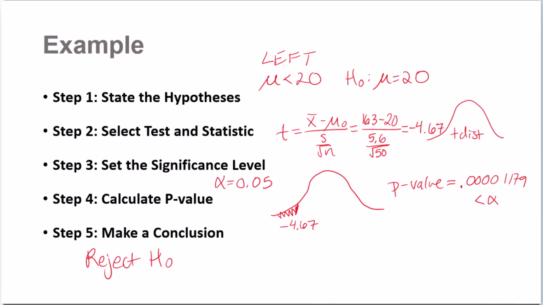It doesn't seem like the population mean is 20. It seems like the population mean is likely less than that, because our sample mean came out so far below expected. So we have enough evidence to support the claim that this 8-week meditation program does lower the stress level of these college students.